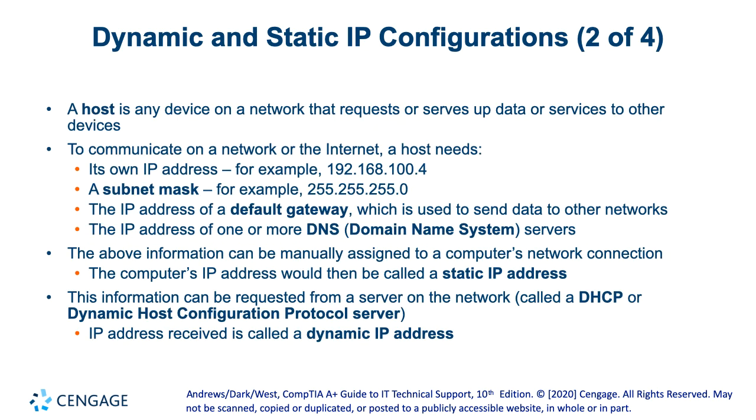Okay, there are two ways to assign IP addresses to a device or host. The first way, which is typical for most organizations and most home user settings, is to dynamically set it, and I've mentioned this before, via DHCP, which is known as the Dynamic Host Configuration Protocol, or DHCP service.